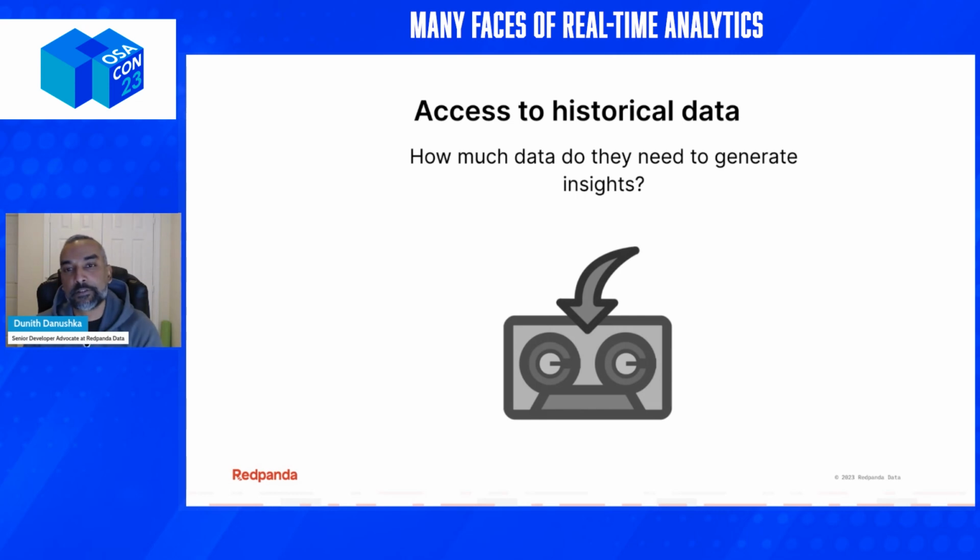This is also an important factor because certain applications, certain real-time systems can trigger certain actions based on maybe single event or few events that it has seen in the past few seconds, while other systems need at least few days worth of data to generate more accurate data. When we consider that kind of systems, the more data you have, the more accurate your results get. So this is also another decisive factor.